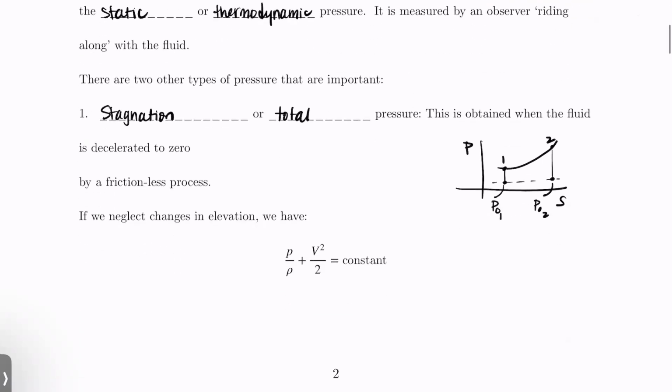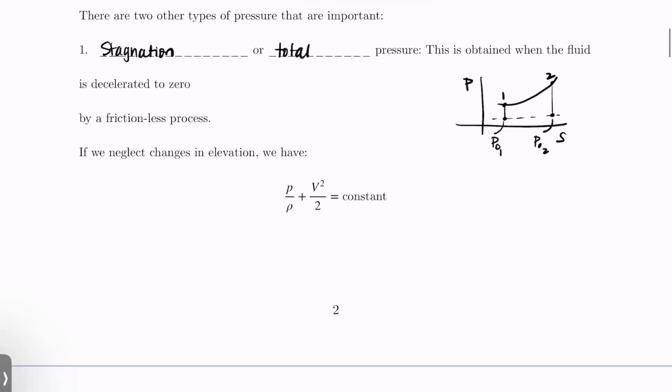If we neglect changes in elevation, then we get rid of our gz term that shows up in the Bernoulli equation, and the equation gets simplified to just pressure divided by density plus the velocity squared over 2 is a constant. All right. And so this is Bernoulli with no elevation change.